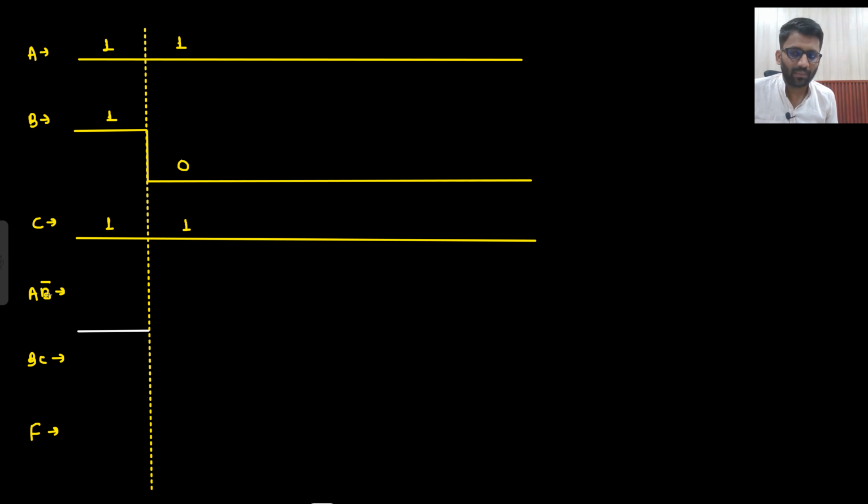So A B bar will say, I will be 1, but I need 3 nanosecond of time. So you take the time of 3 nanosecond and then you become 1.